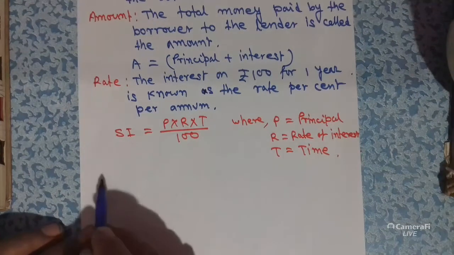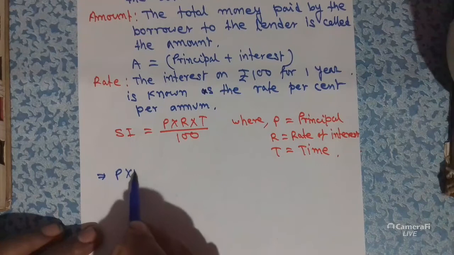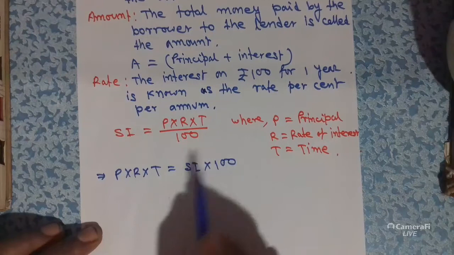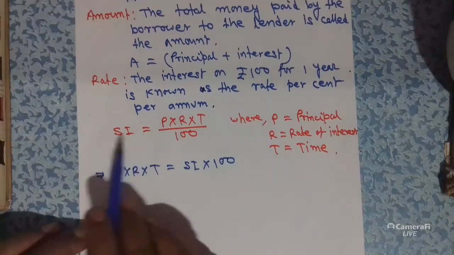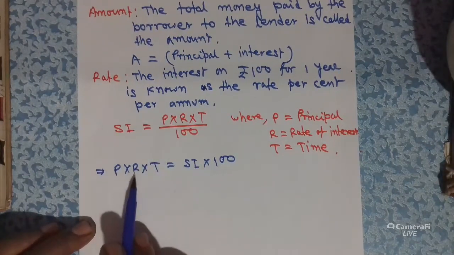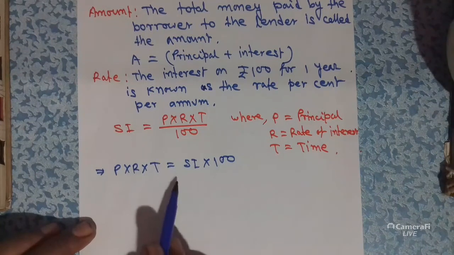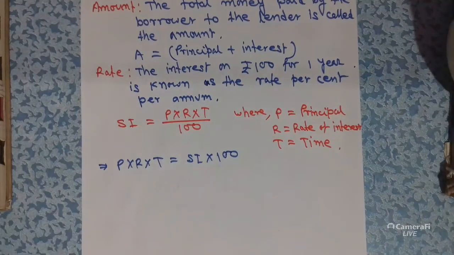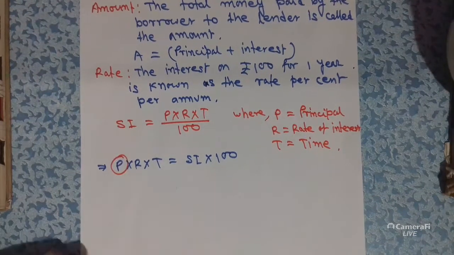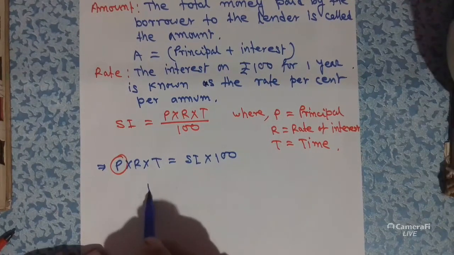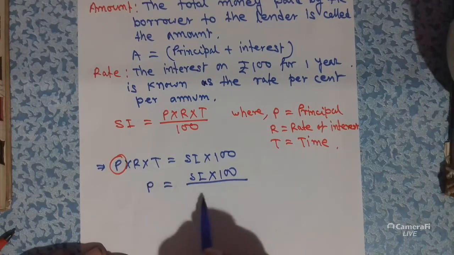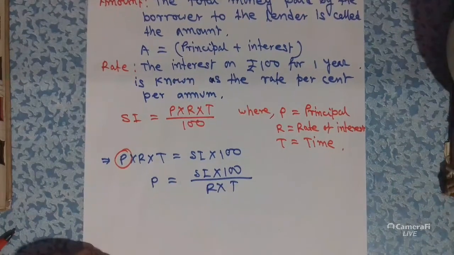If we cross multiply, we get P into R into T is equal to SI multiply 100. So when we have to find principal, P is equal to SI multiply 100 by R into T. In this way you can find principal.